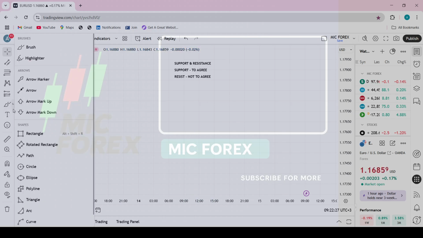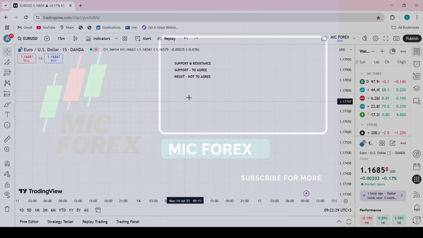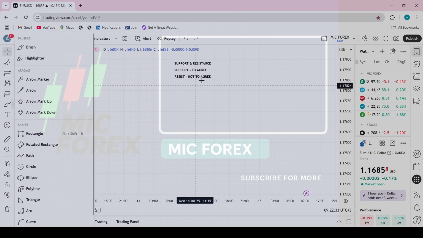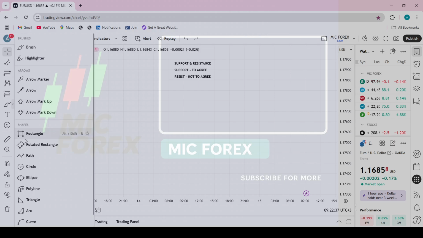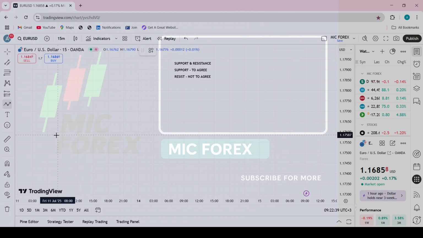Let me make it more clear. So support and resistance, but now in terms of forex, we've nothing to agree, we've nothing not to agree. That is just a layman's understanding. Let's look at a proper illustration like this.